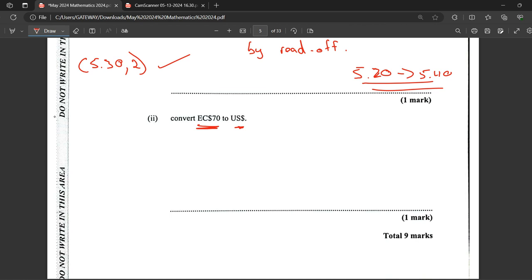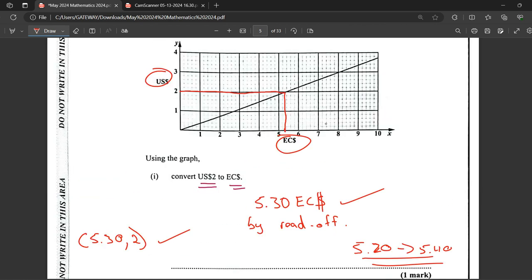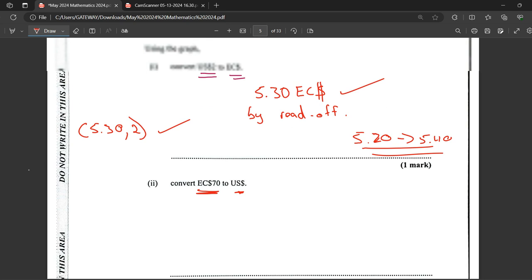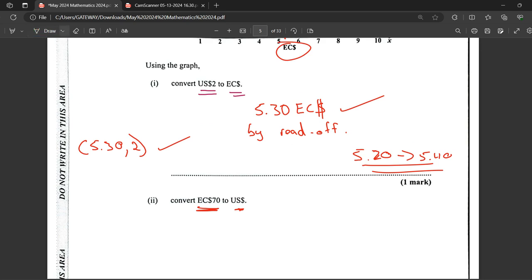So in a case like this, if you look back at your graph here, you don't have 70 EC dollars, right? You don't have 7 EC dollars. So what I'm gonna do, because I know there's a conversion factor here, I could state that 2 US dollars was equivalent to $5.30 EC dollars.